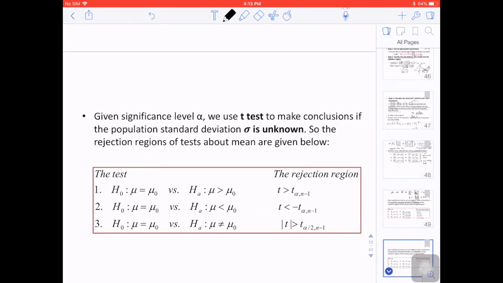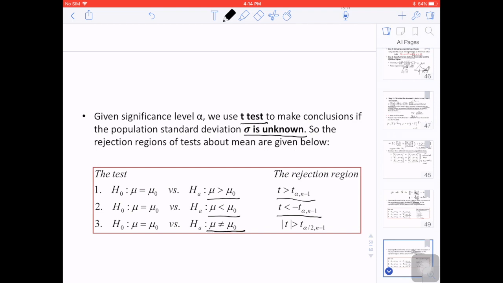If sigma is unknown to us, like we discussed before, we're going to use t. If your alternative hypothesis is mu larger than mu 0, the rejection region is t larger than t alpha, n minus 1. If your alternative hypothesis is smaller than mu 0, this will be t smaller than negative t alpha, n minus 1.